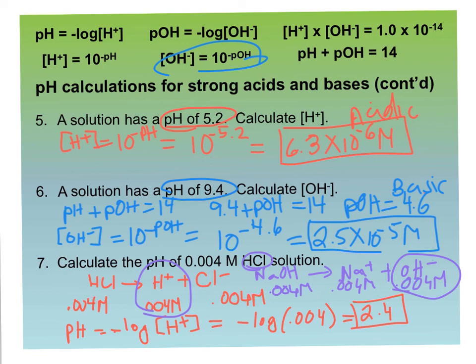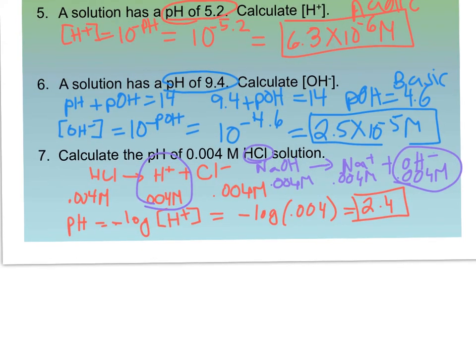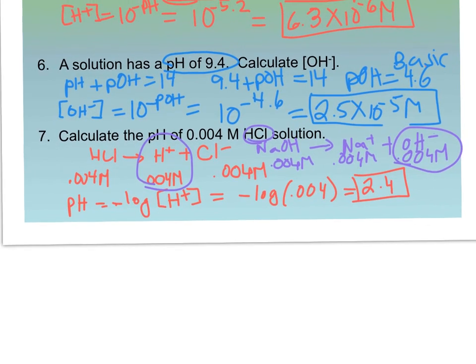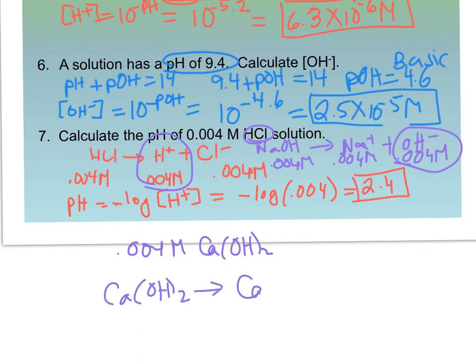A second reason you want to write out your dissociation equation is, especially with bases, let's say instead of NaOH, what if it had said it's 0.004 molar calcium hydroxide? How would that be different? Well, you'd say, oh, calcium hydroxide is a strong base, dissociates 100% into calcium 2 plus and 2 OH minuses.